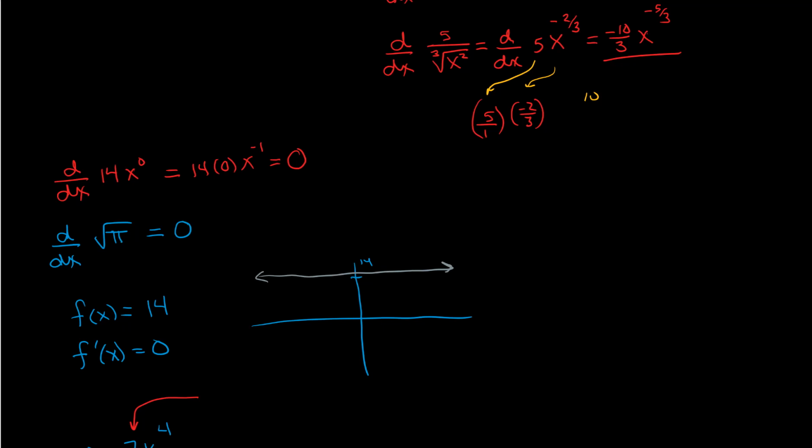Then, to get the new exponent, you take negative 2/3 minus 1. Well, wait a minute. Minus 1 is the same as minus 3 over 3, which is going to give us x to the negative 5/3 power. I think you can see you're going to get some practice working with adding and subtracting fractions here, aren't you?